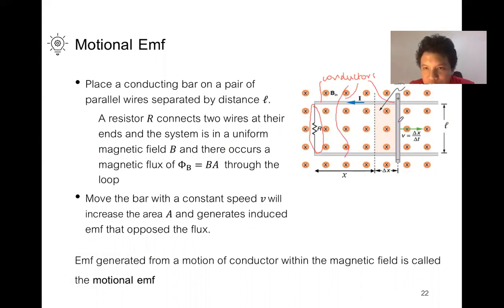We can actually move this bar. When we move it, we see the change in the area. Changing the area will cause a change in magnetic flux, which will cause the electromotive force, the voltage, and the voltage will cause the current.